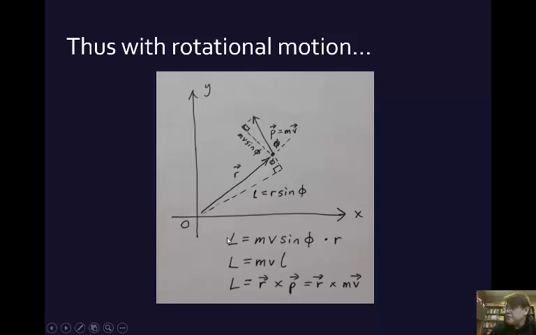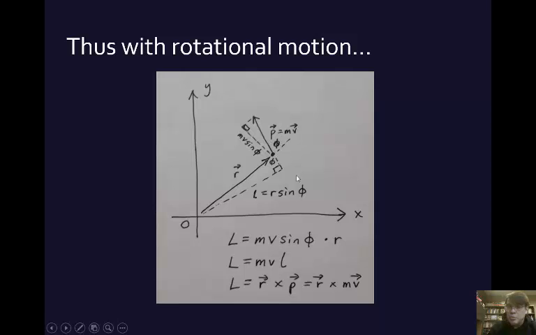So these are different ways at the bottom here of conceptualizing how I can get the angular momentum for a particle moving in a rotating dimension around an origin. Two ways to do it. If I can get this lever arm l down here, and multiply it by mv, I can get it.